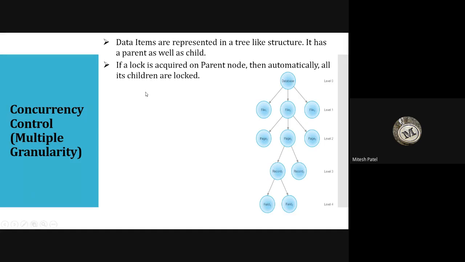Again, I am repeating. If a lock is acquired on a parent node, then automatically all its children are locked. If I am applying a lock on the database parent node, then my question is whether record 1 will be locked or not.